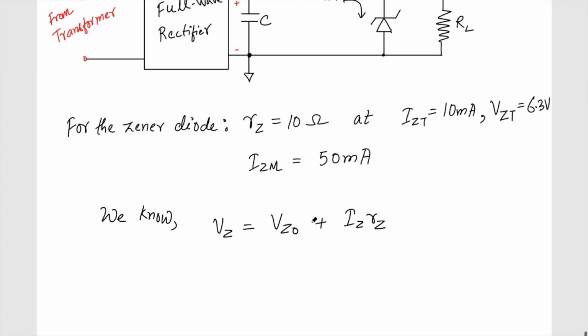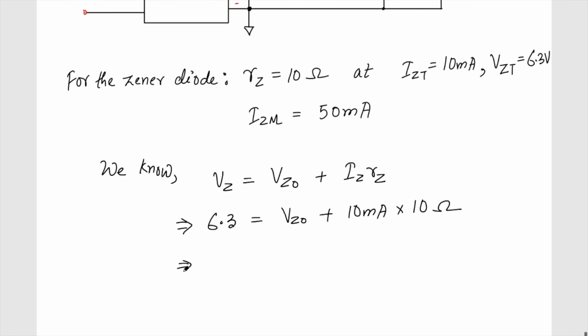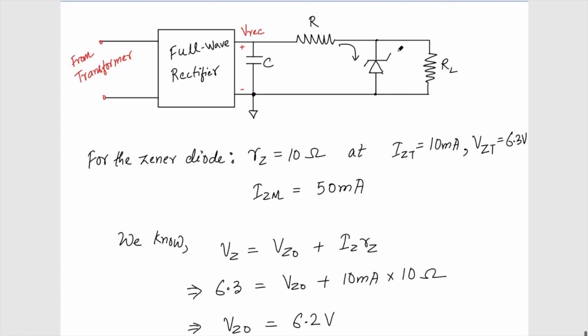So substituting these values, VZ is equal to 6.3 volt, equal to VZ0 plus IZ, which in this case is 10 milliampere, into 10 ohms. So if I just work it out, VZ0 is equal to 6.2 volt. Now let's replace this with the model that we have, the model which represents this equation.